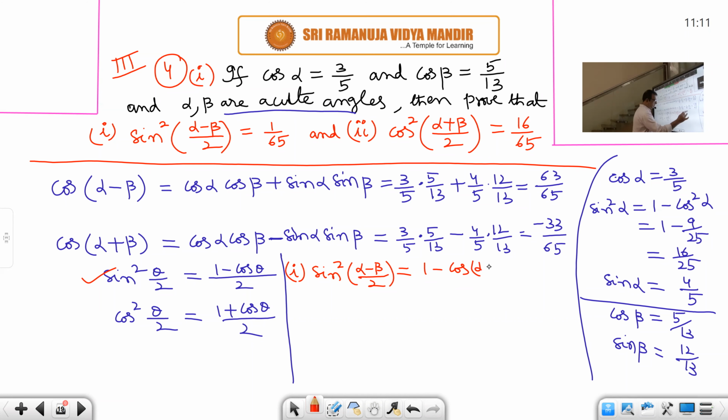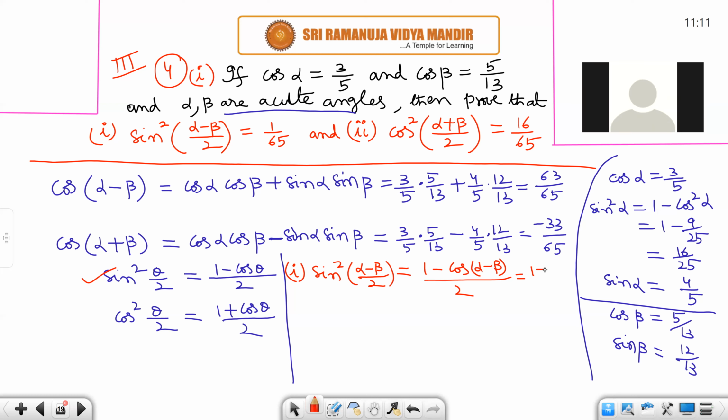Very good. So 1 minus, what is the value of cos alpha minus beta we have found? 63 by 65, sir. By 2. That means it is what? 2 by 65 by 2, sir.